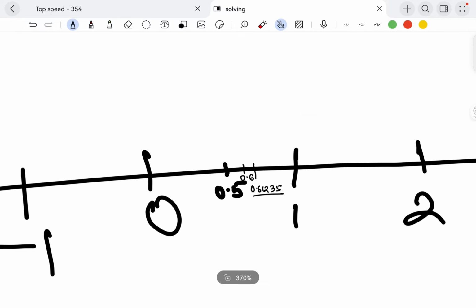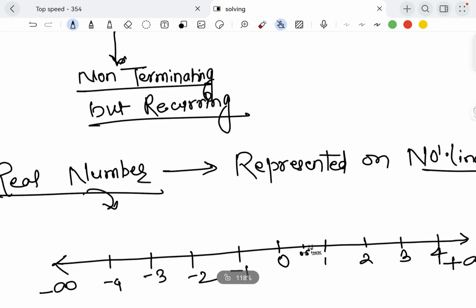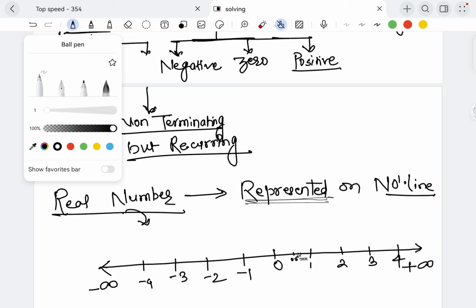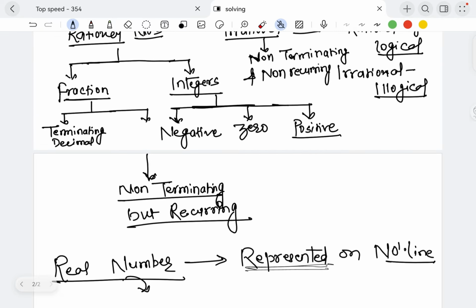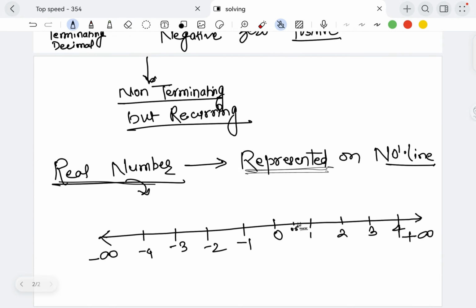So all these numbers, the fractions, integers, all these numbers can be represented on a number line. I will make it thicker a bit. Yeah, 3. Okay, so anything that can be represented on a number line is a real number.